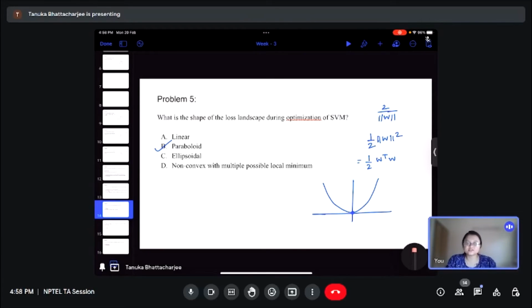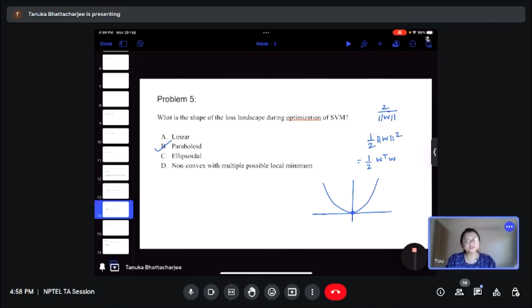In case of a convex optimization problem, you can have one global minimum and possibly many local minima, but given this particular shape for the loss function of SVM, which is a paraboloid, you cannot have an infinite number of local minima, because this graph, as you can see, has only one minimum.